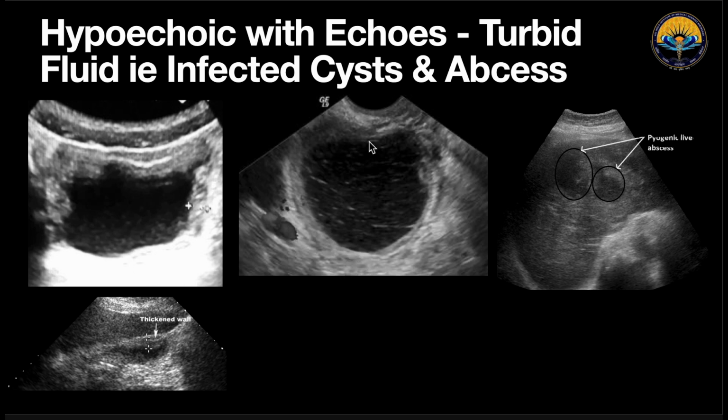Coming to this one, this is an ovary, and in the ovary we can see some internal echoes within it, and this is an example of a hemorrhagic cyst. And here we can see this is the liver, where there is formation of some hypoechoic lesions, and these are suggestive of pyogenic liver abscesses.